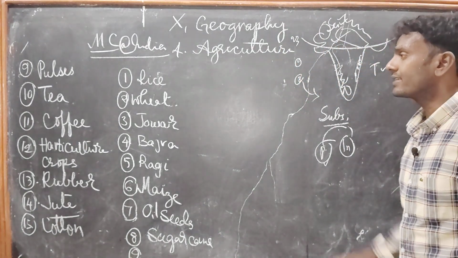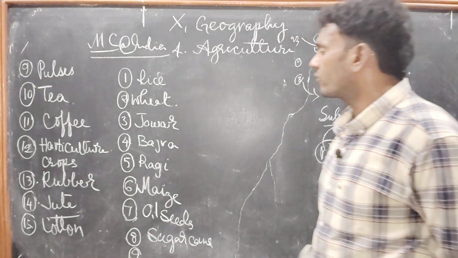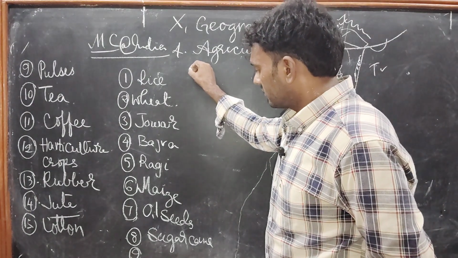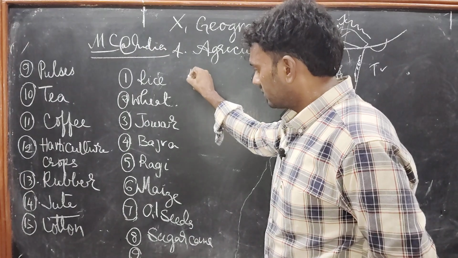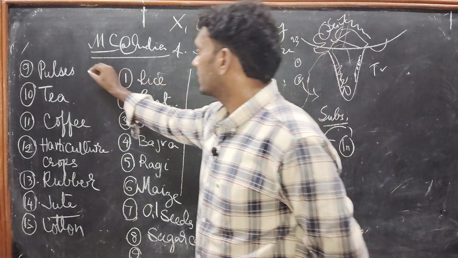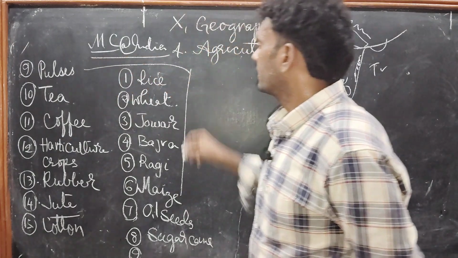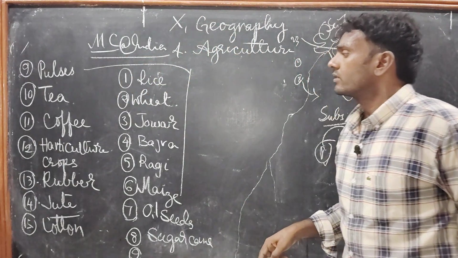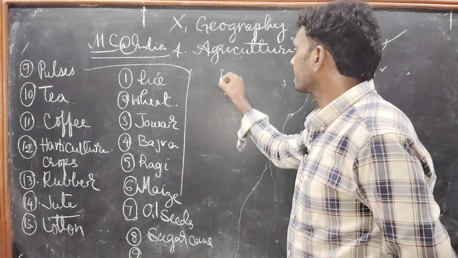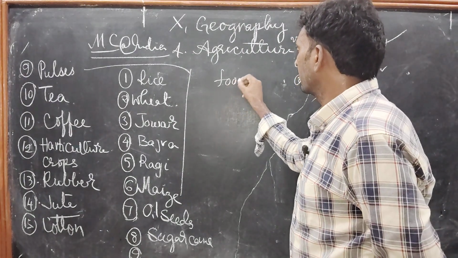Okay, coming to rice, first we are going to discuss. Before going to discuss rice, these 7 come under one category. What are those? Food crops.